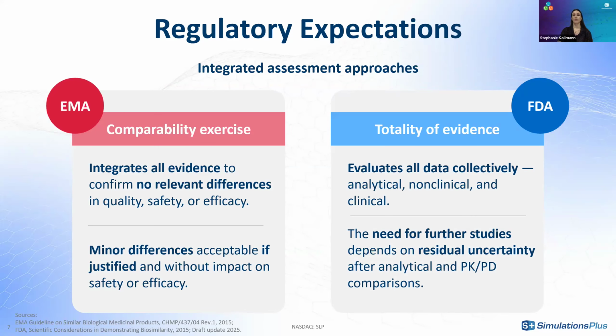The need for further studies depends on the residual uncertainty that remains after analytical and PK/PD comparisons. So in both frameworks, this integrated assessment, whether called comparability exercise by EMA or totality of evidence by FDA, provides the overall conclusion on biosimilarity.